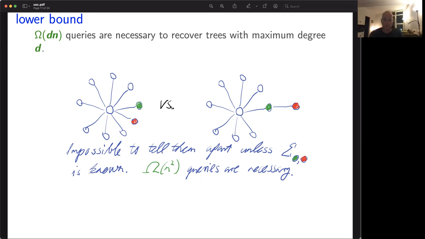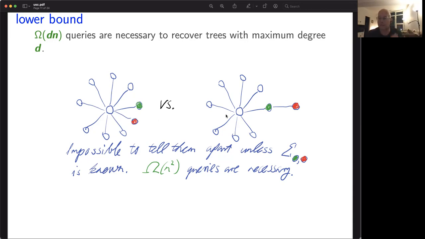In order to distinguish between these 2, we actually have to query the covariance between the green and the red vertices, because any other information that we get, for instance the covariance of this green vertex with any other vertex, is not going to tell us whether we are in this situation or in that one.